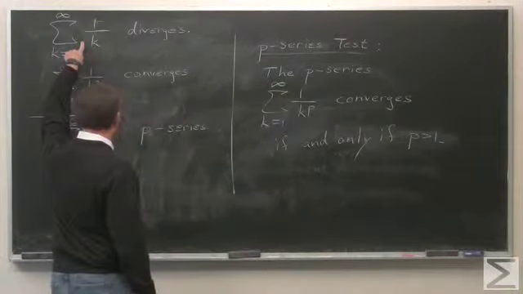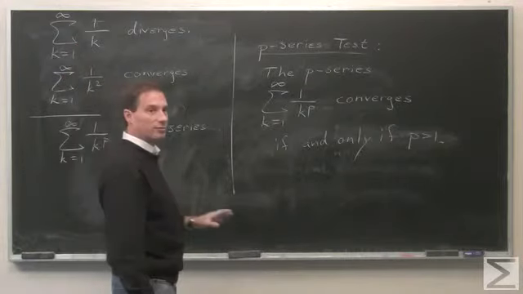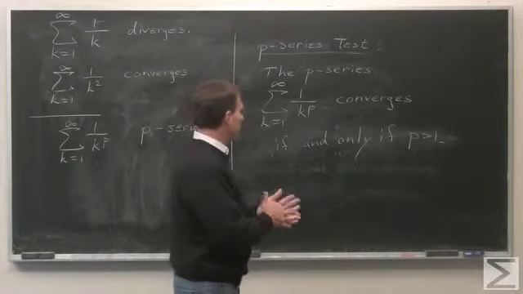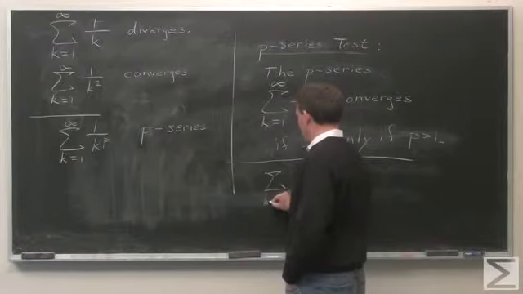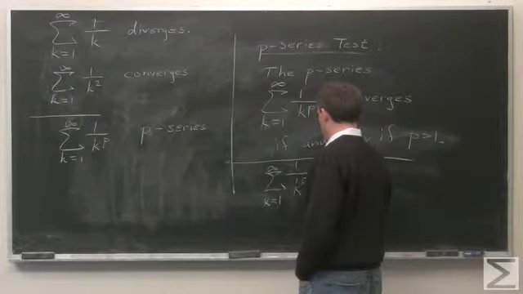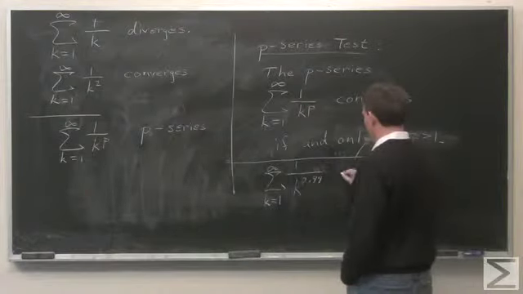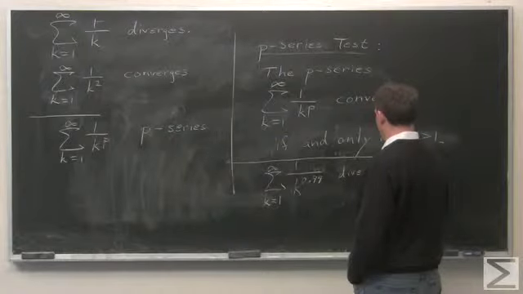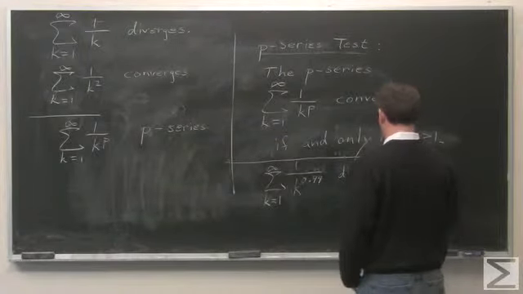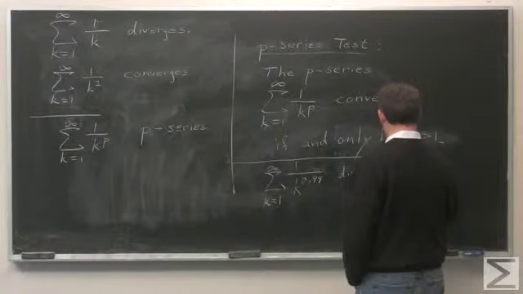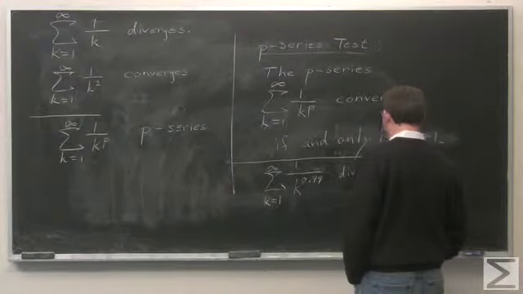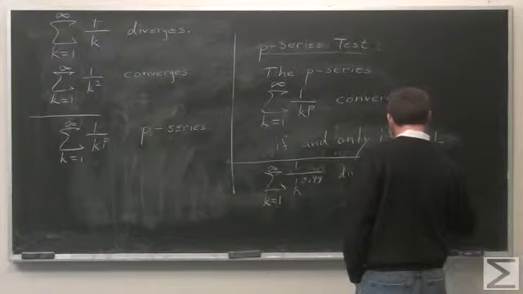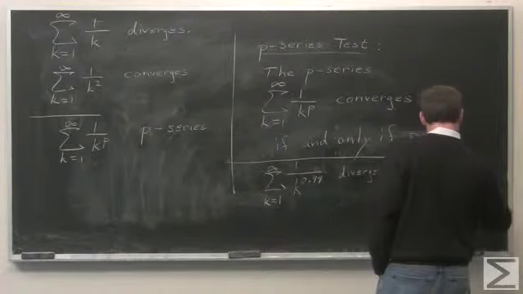So yeah, that tells us why this converges and why this diverges and why this converges. You can immediately conclude, oh, the sum as k goes from 1 to infinity of 1 over k to the 0.99 diverges because 0.99 is less than or equal to 1, while if you just make the exponent a little bigger, the sum as k goes from 1 to infinity of 1 over k to the 1.01, this converges.